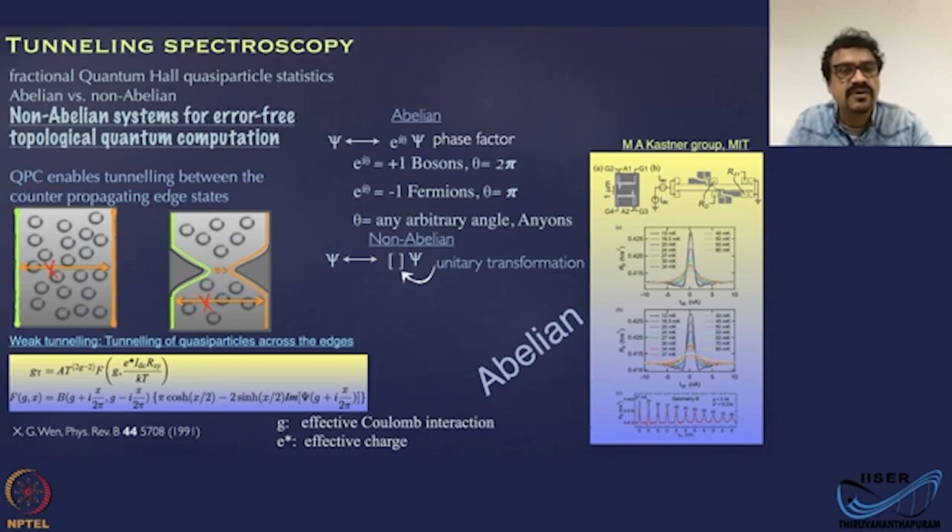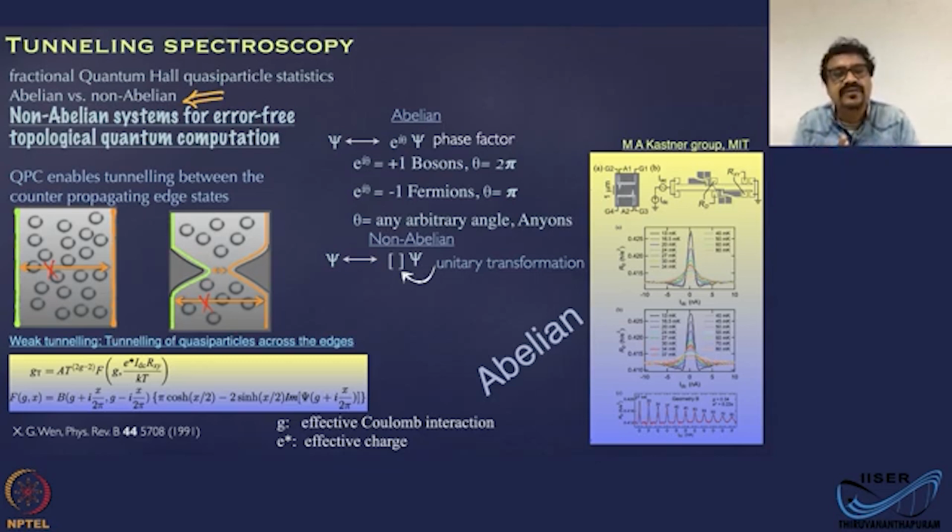So fractional quantum Hall quasi-particles can have abelian or non-abelian statistics, and this is an active area of research and still not completely settled. Okay, so if you have a system with non-abelian particles, that has applications in error-free topological quantum computation.